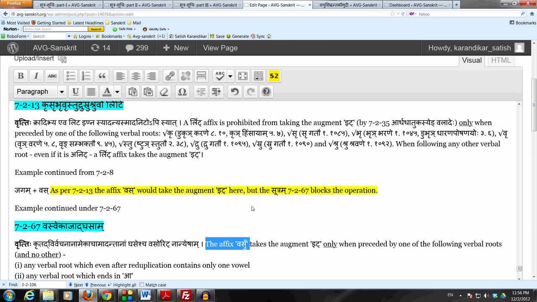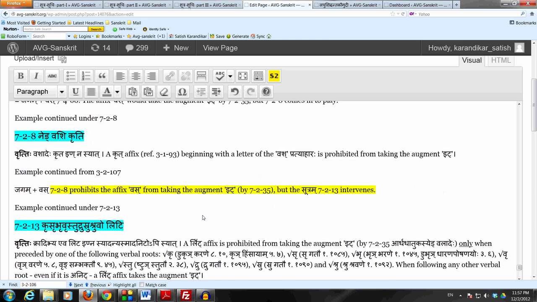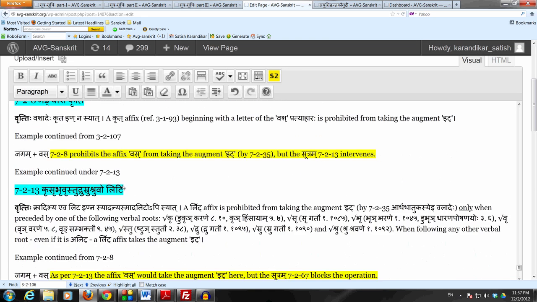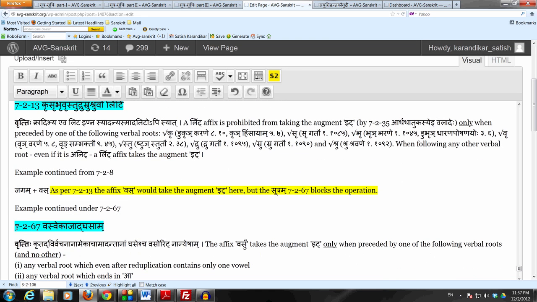Liṭ can take tip, jhi, etc. It can take other substitutions also. But kvasu is only one possibility of substituting liṭ, and that has a specific sūtram for it, and that is 7.2.67, which says vasv ekājgha­sām. So that will be the next sūtram which we study now. That sūtram comes and blocks the iḍāgama. 7.2.67, vasv ekājgha­sām.